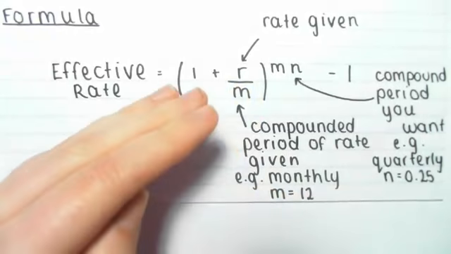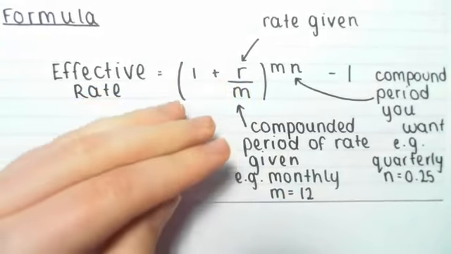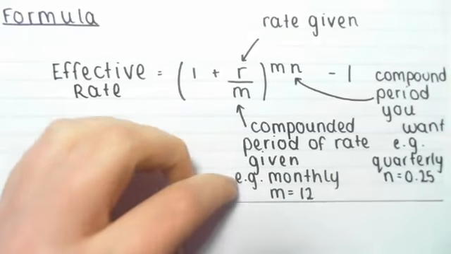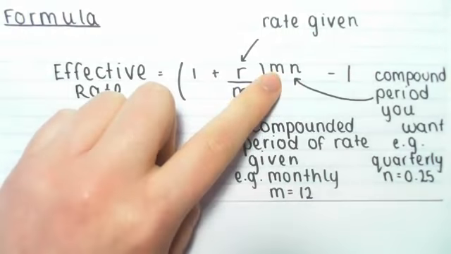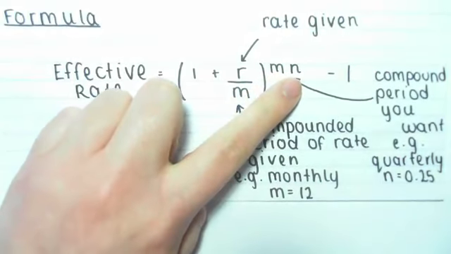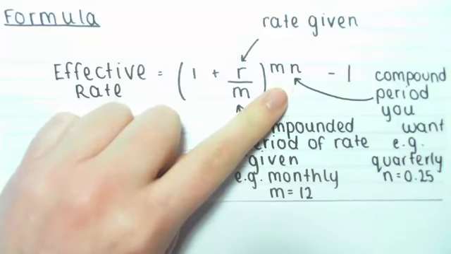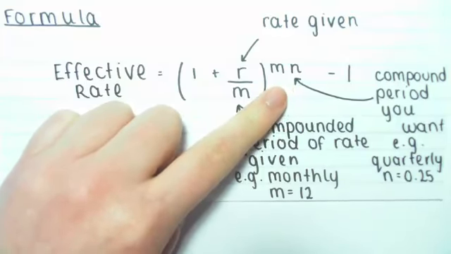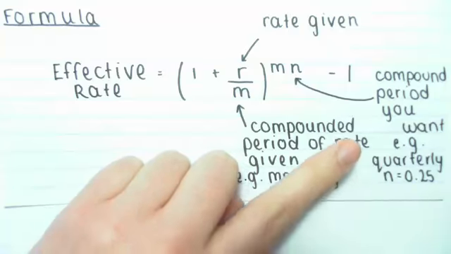So as I said, per annum compounded annually, M is 1. Per annum compounded monthly, M is 12. So that's the same up here, same M. And N is the compound period you want. So if your cash flows are every quarter, you want a quarterly rate, so N is going to be 0.25.